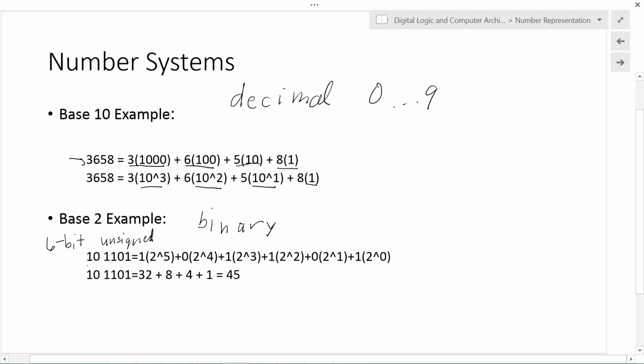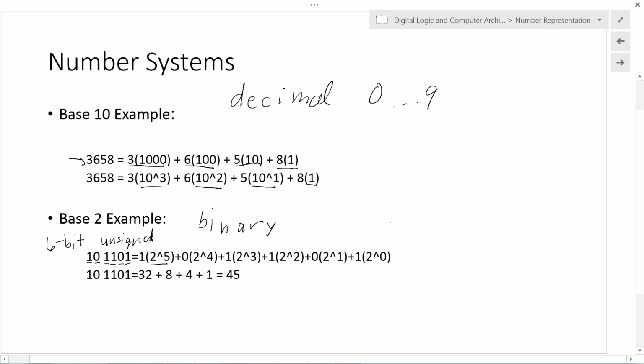Instead of using 10 to some power, we're using 2 to some power. If we have 6 digits, then we're going to need to multiply by 2 to the 5, 2 to the 4, 2 to the 3, 2 to the 2, 2 to the 1, and 2 to the 0.